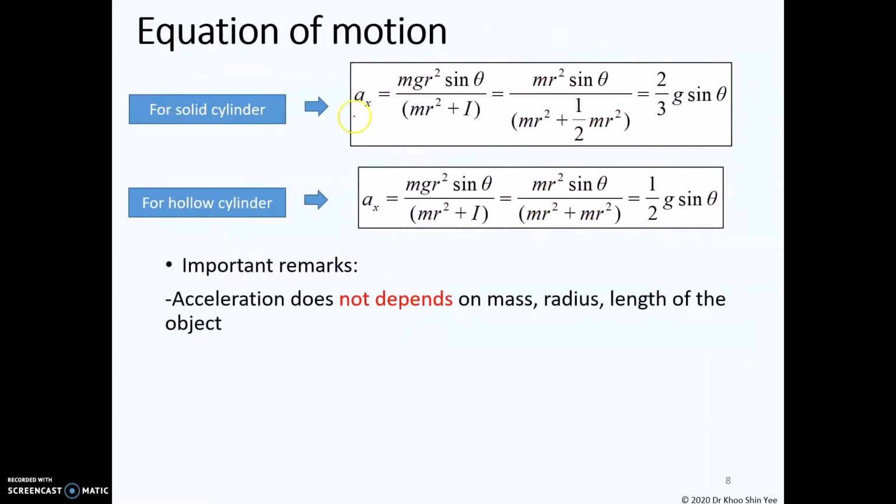In this example, the acceleration here will change when you have a different shape of the object. The acceleration only depends on the gravity coefficient and the angle of the slope. The mass and radius here can be cancelled out through the calculation, and therefore we are saying that the acceleration does not depend on the mass, radius, as well as the length of the object.